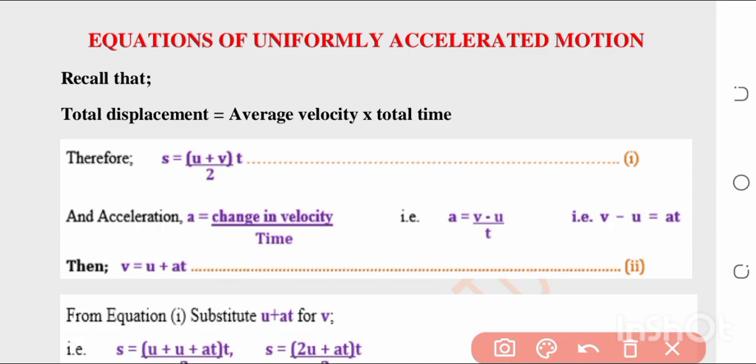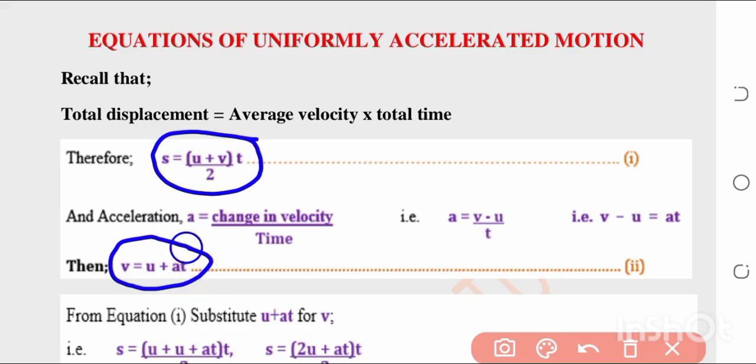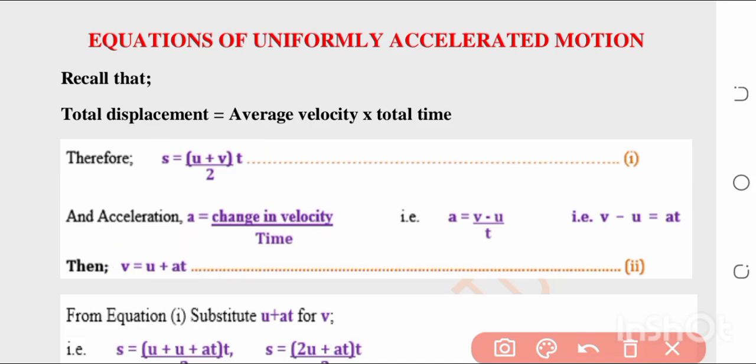Now from these two equations, the one derived from the definition of total displacement and the one derived from the definition of acceleration, we can derive 2 more equations. Okay, let's quickly consider that. All right, let's move on to the next line.